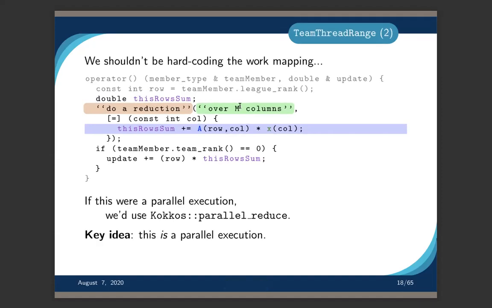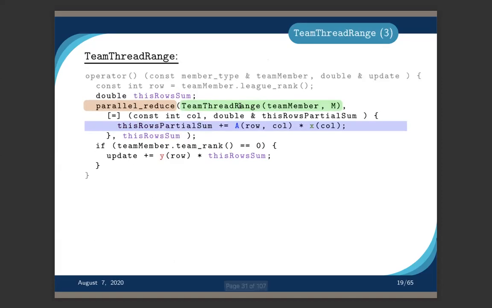But the point is, this is still parallel execution, and the teams give you the way of writing these nested parallel patterns. And that is where team thread range comes in. Team thread range is an execution policy for nested parallel patterns.